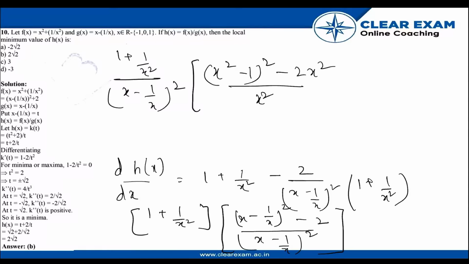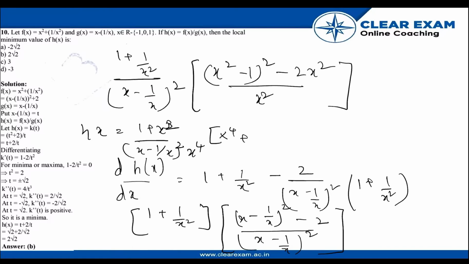And finally we have h'(x) equals (1 + 1/x²) upon (x − 1/x)² into x⁴ + 1 − 4x² equals 0.